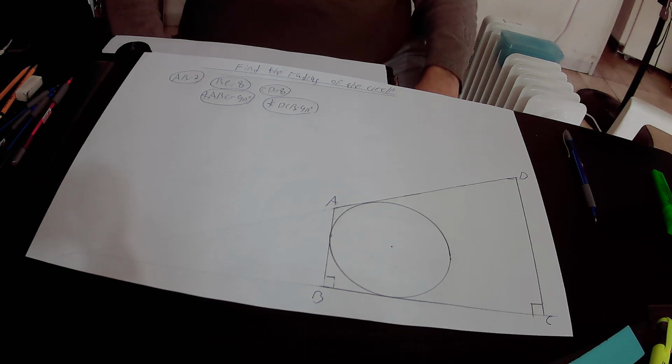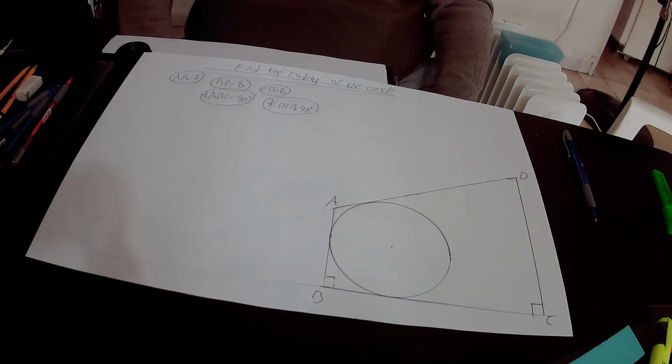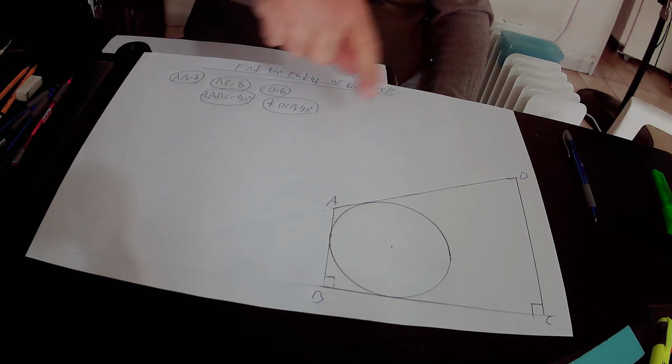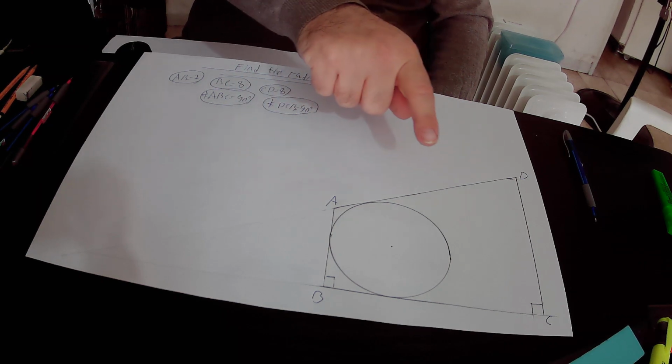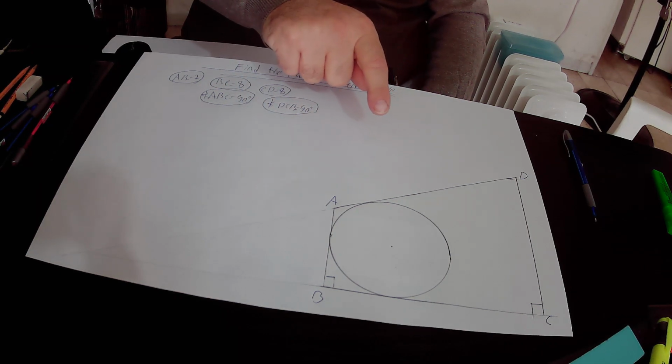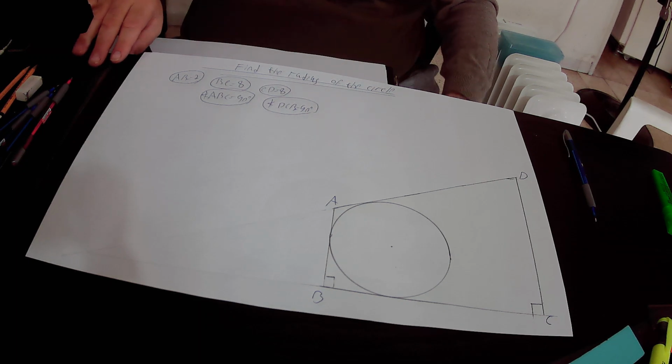So, first of all, we'll do a construction. That is to say, we'll extend side DA and side BC of this quadrilateral ABCD until they touch each other.